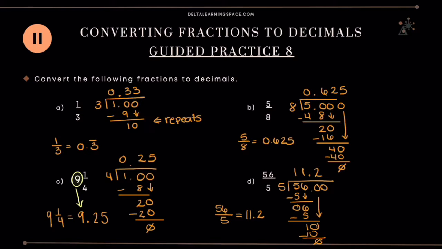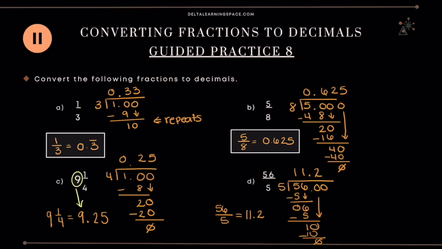Amazing. Now let's take a look at our answers. For A, 1/3 will be 0.3 repeated. B, 5/8 will be 0.625.